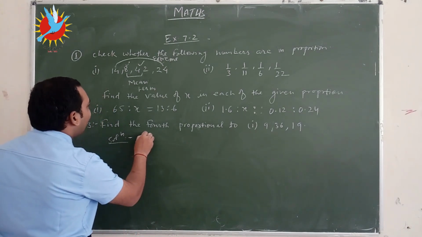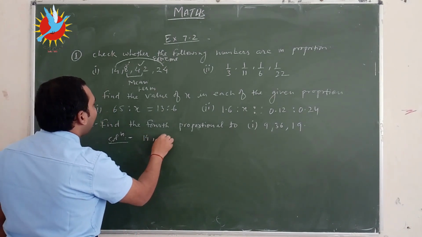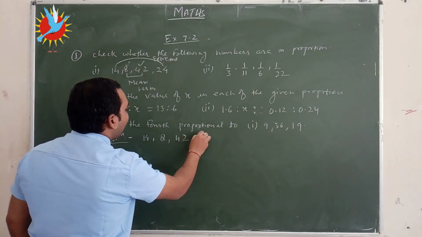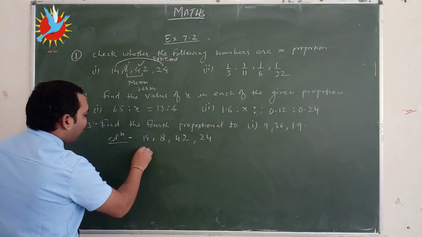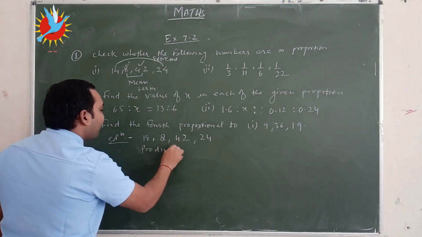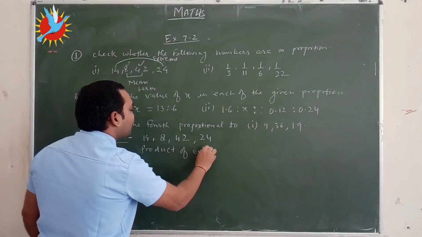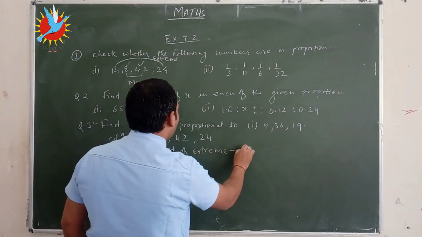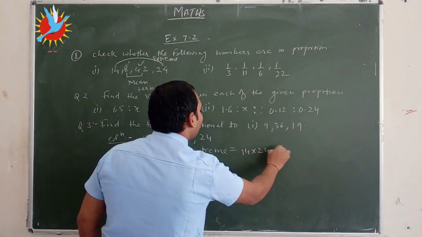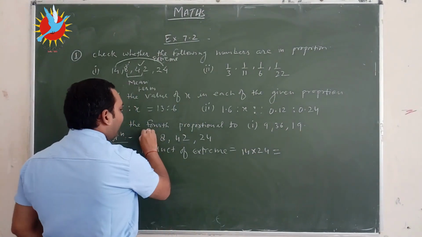So the product of extremes is equal to 14 into 24.